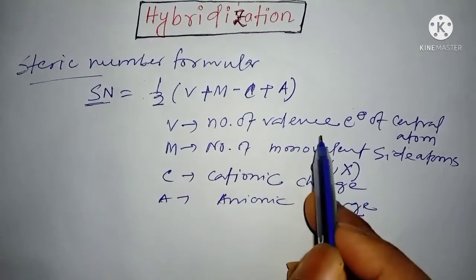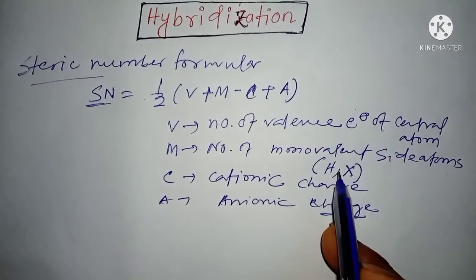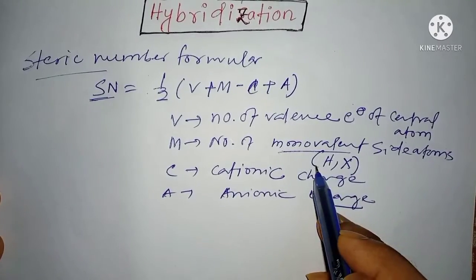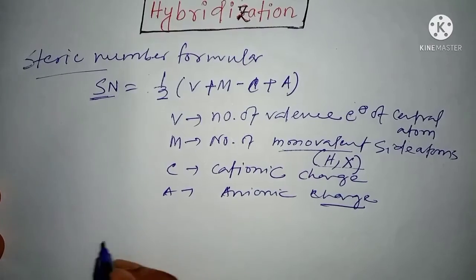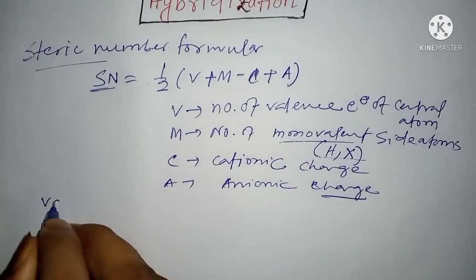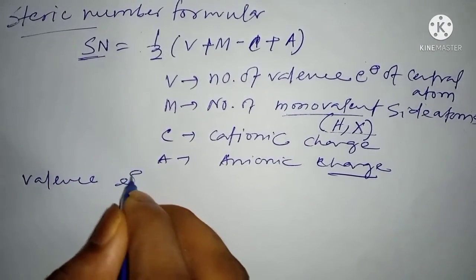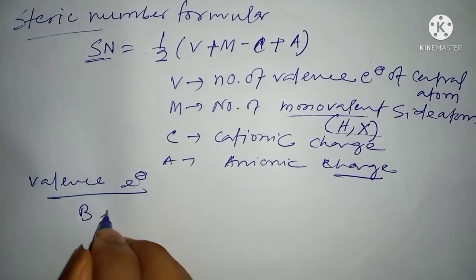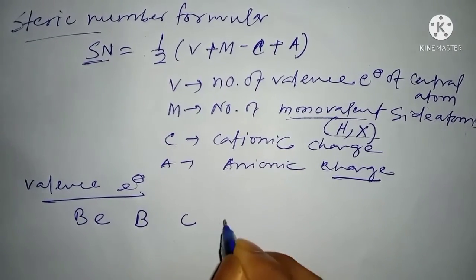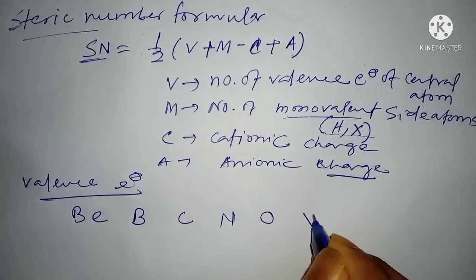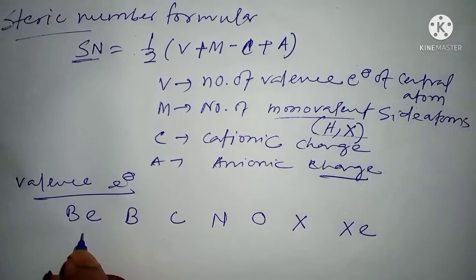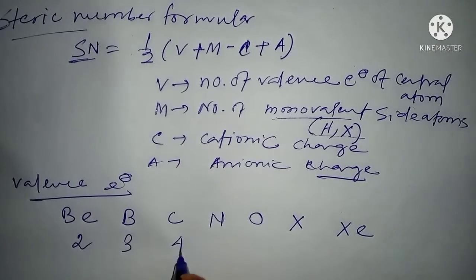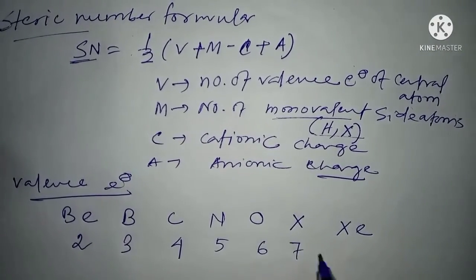So first, hybridization is calculated by the steric number formula Sn equals half into V plus M minus C plus A, where V is the number of valence electrons of the central atom, M is the number of monovalent side atoms like hydrogen and halogen, C is for cationic charge, and A is for anionic charge. Now the valence electron of the central atom: beryllium, boron, carbon, nitrogen, oxygen, halogen and xenon, an inert gas, have valence electrons 2, 3, 4, 5, 6, 7, 8.